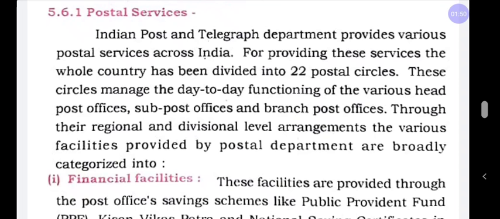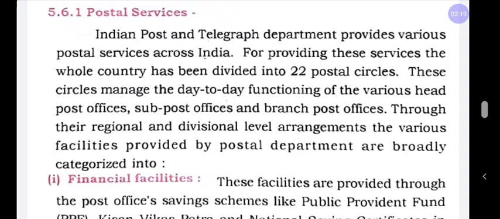Traditionally, businesses and individuals depended on this postal department. But nowadays, after the existence of mobile phones, mail and social networks, postal services have been reduced.